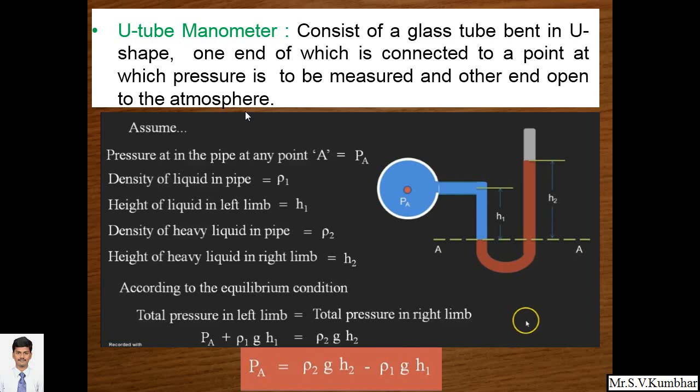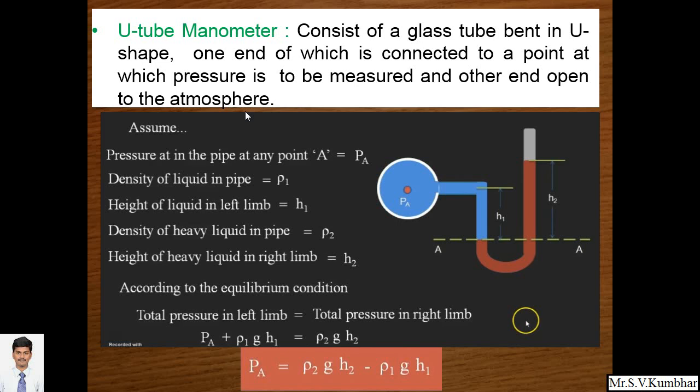So the concept is, according to the law of equilibrium, total pressure in left limb of U-tube is equal to total pressure in right limb of U-tube. So if you consider left limb of U-tube manometer, here two pressures are acting above datum surface AA. First one, pressure at center point of pipe plus pressure of liquid in left limb above AA.